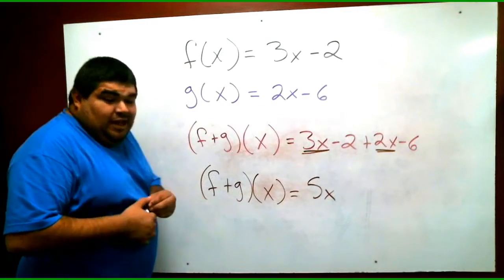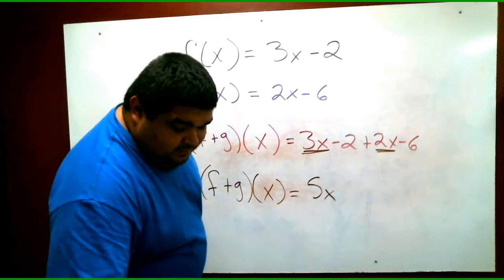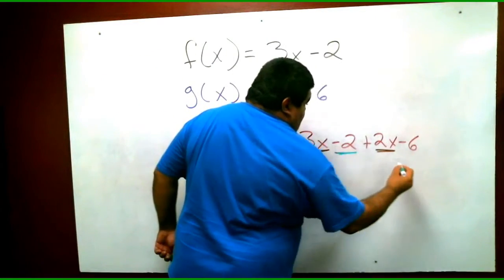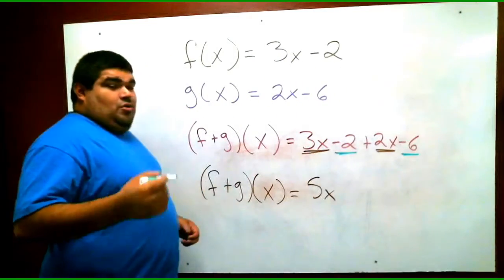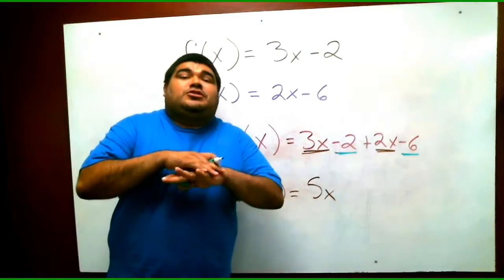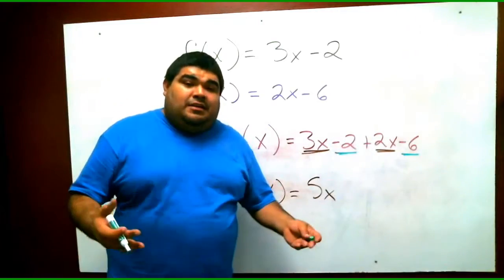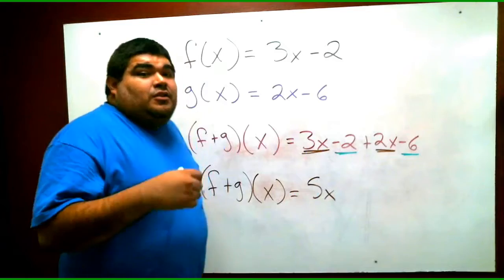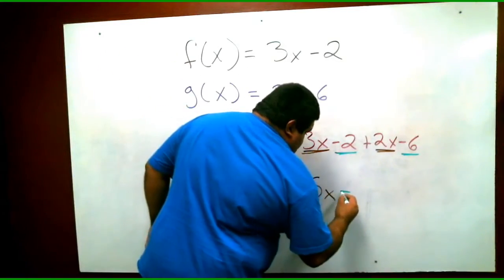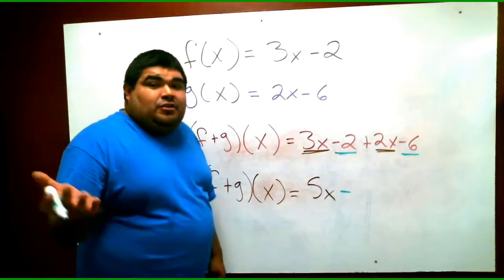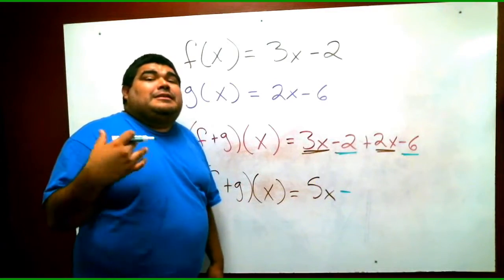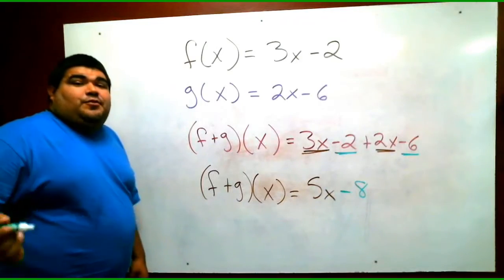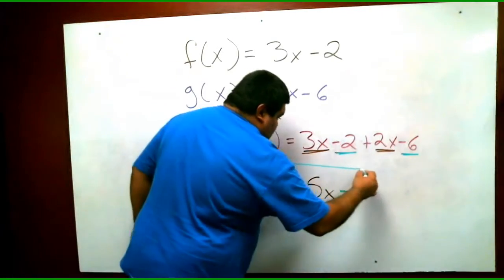And then we also have constants, numbers that have no variable, okay? So we have a negative 2 minus 6. Notice that they're on the same side, so there's no changing of signs, okay? Because they're both on the same side. So negative 2 minus 6, they're both negatives, so we know that the answer is going to be negative. We add up the numbers, so 6 plus 2 is 8. And that is the answer for adding two functions.